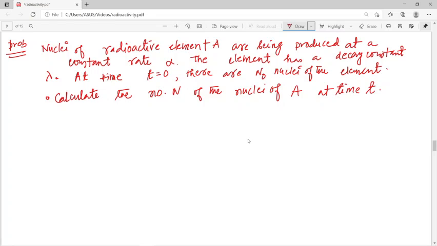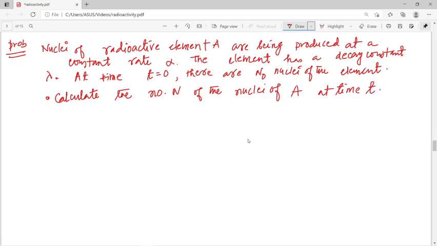So in that particular question, the nuclei of radioactive element A are being produced at a constant rate alpha, and the element has a decay constant lambda. At time t equals 0, there are n naught nuclei of the element. So you have to calculate the number n of the nuclei of A at time t.